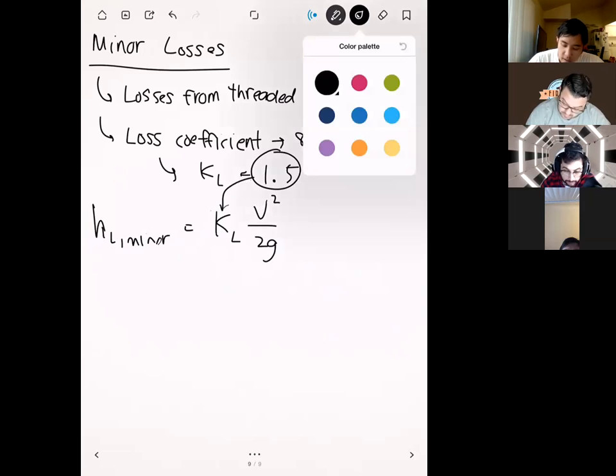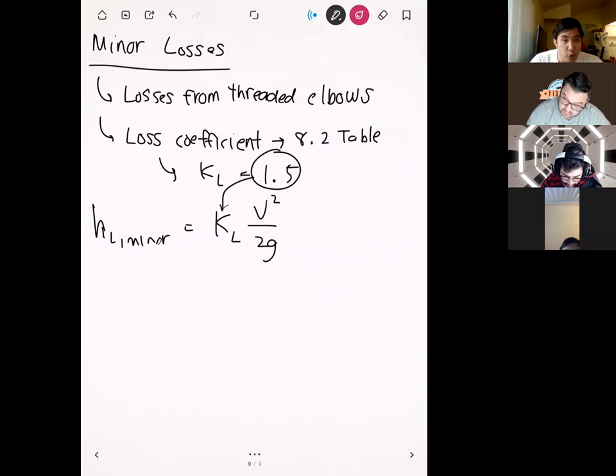Each of our elbows is going to have a minor loss associated with this, where 1.5 goes in for K_L. From our diagram, we see that we have 4 threaded elbows here: segments B, D, F, and H. All of these will have a minor loss associated with this.